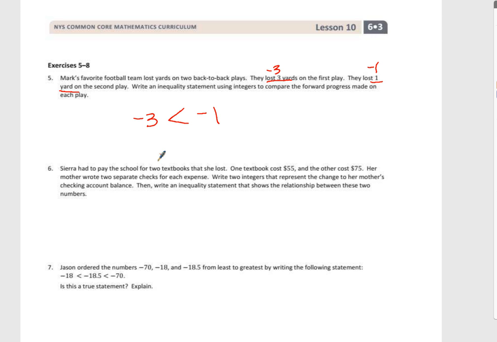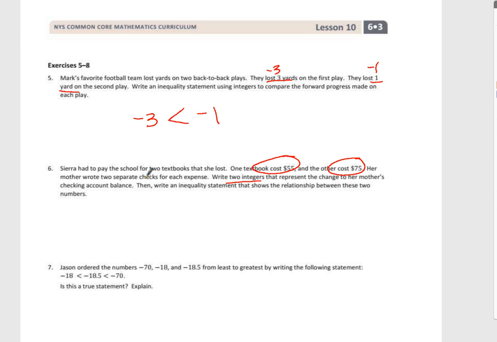That's it. Sierra had to pay the school for 2 textbooks that she lost. One textbook was that much money, $55. The other one was $75. Her mother wrote 2 separate checks for each one of them. Write the 2 integers that represent the change to her mother's checking account. Then write an inequality statement that shows the relationship between the 2 numbers.